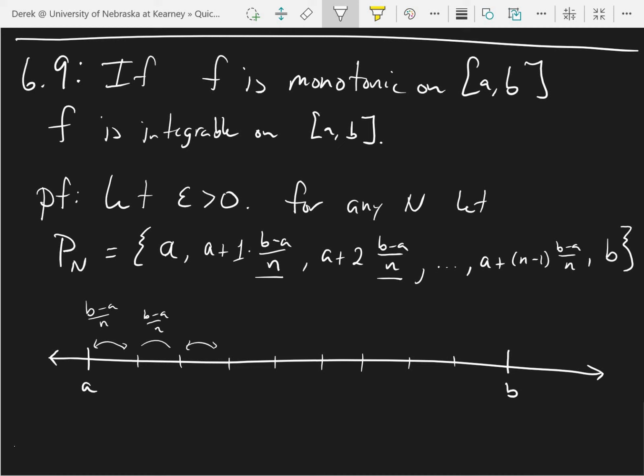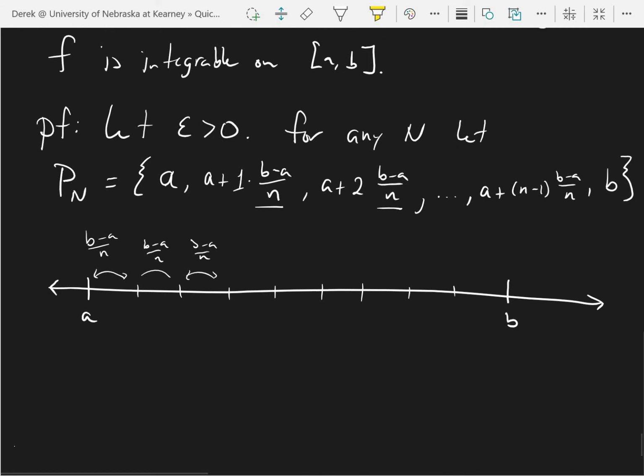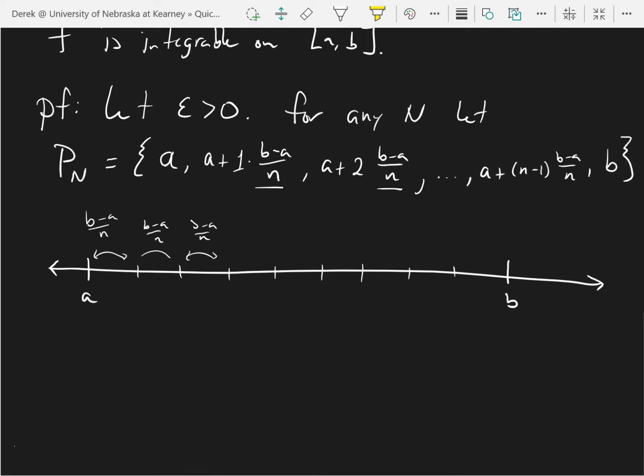Just like a number line, fraction bar type thing. After I've taken n steps, I get all the way back to b. That's going to be our partition, P_n. And we're going to just increase n until the upper and the lower sums are close enough together.